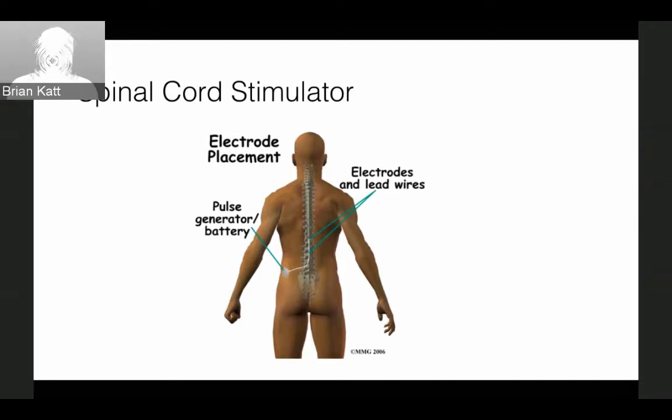And then you have the battery pack with the control taped to their back or taped to their body. And then what happens is you leave the trial stimulator in for 1 week, and if the patient likes it, then they'll be referred to a surgeon to get it implanted. If they hate it, they'll just take it out and not do it. There's some people that get them implanted that at first really like it and then hate it, and then they just let the battery run out and never get it changed.